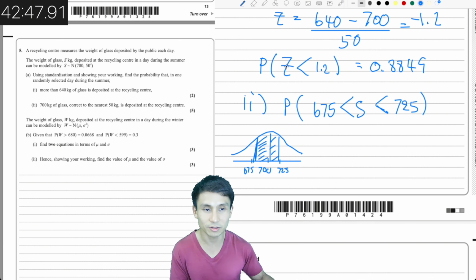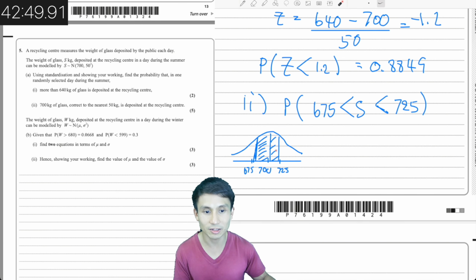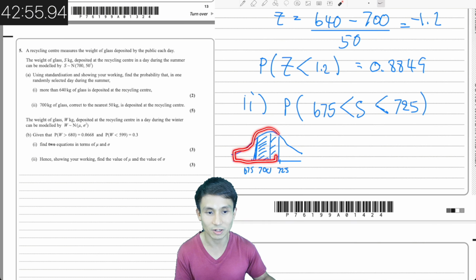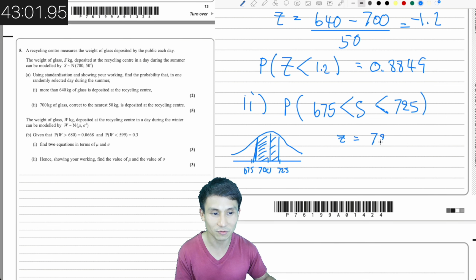So maybe we just find only this bit. And the way to find this bit is to find this whole bit first. And we just do that by finding the z value of that. So 725 minus 700 divided by the standard deviation comes to 0.5.